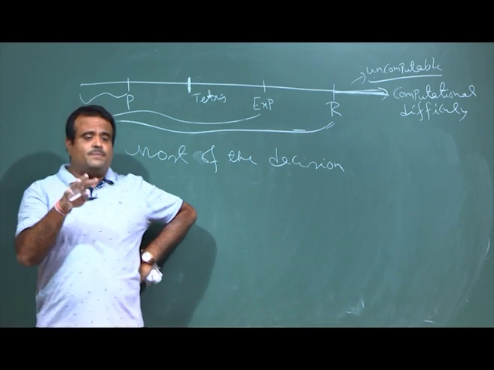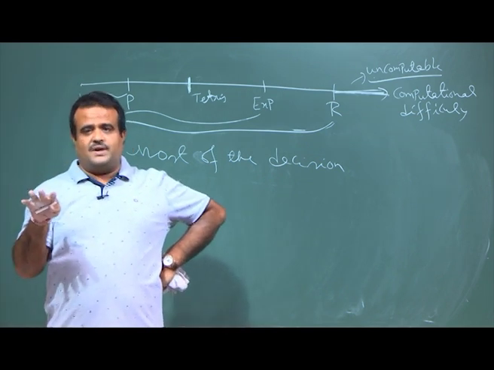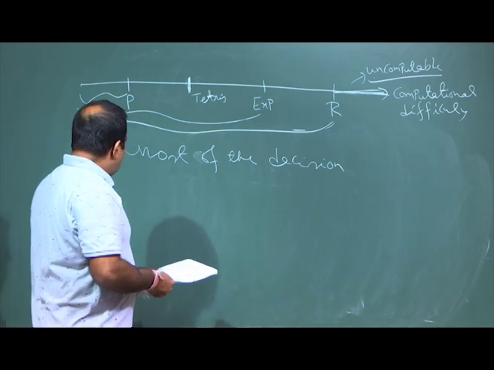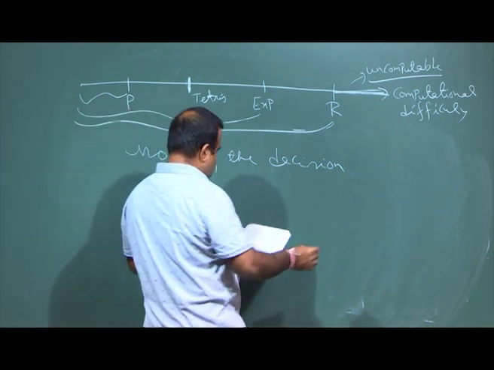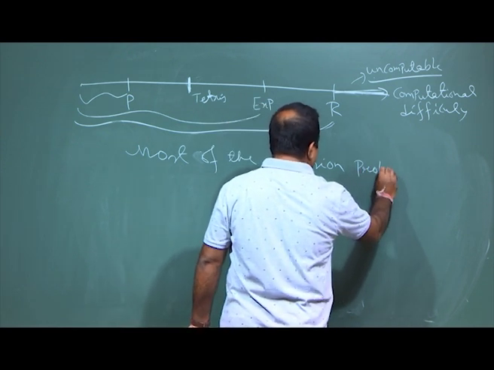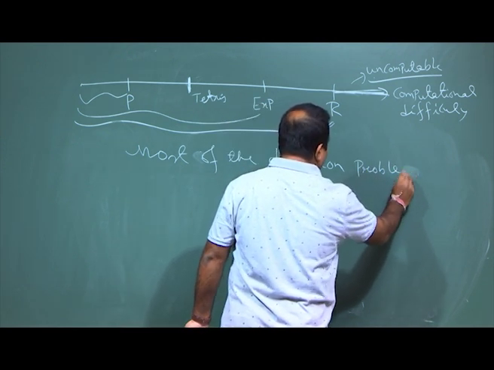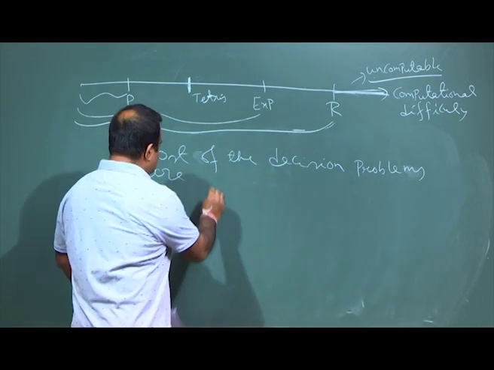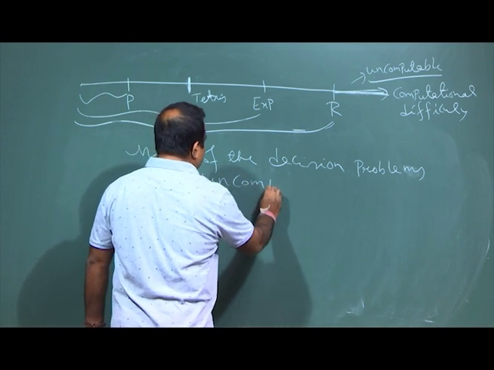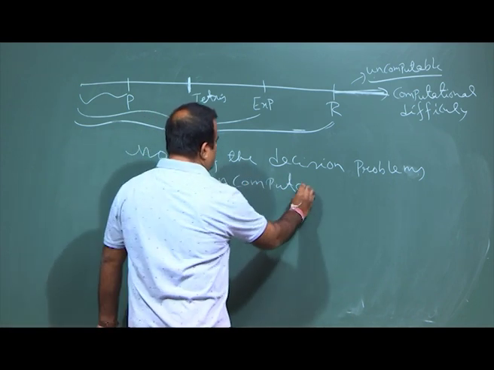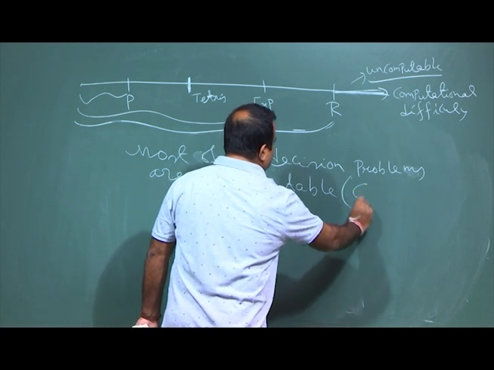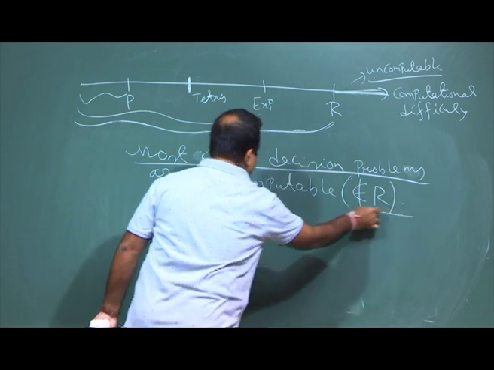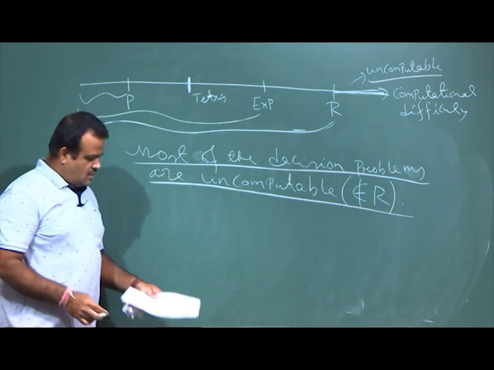Every problem, most problems, have a decision version of it. So, most decision problems are uncomputable, that means not in R. Most decision problems are not in R. Okay.